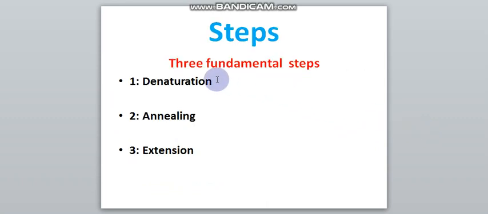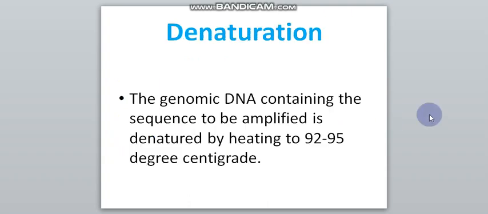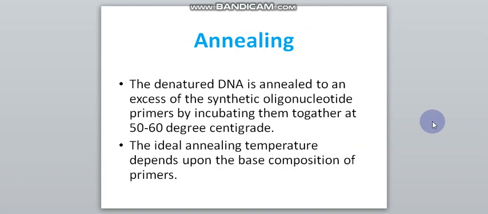Steps. Three fundamental steps are involved in the polymerase chain reaction. Number 1, denaturation. Number 2, annealing. And number 3, extension. Denaturation: the genomic DNA containing the sequence to be amplified is denatured by heating to 92 to 95 degrees centigrade.